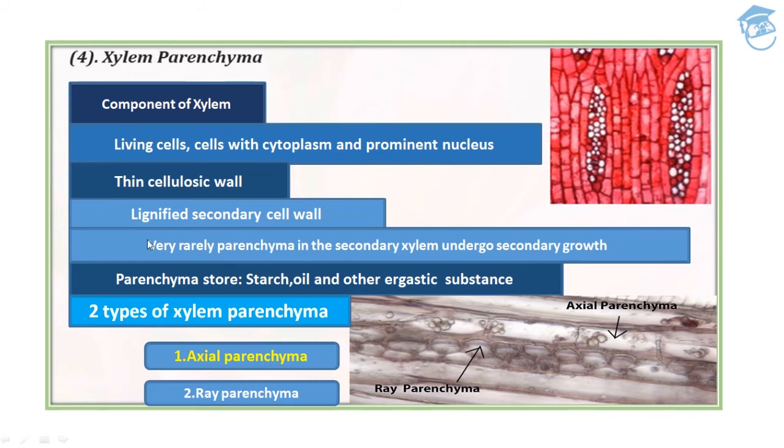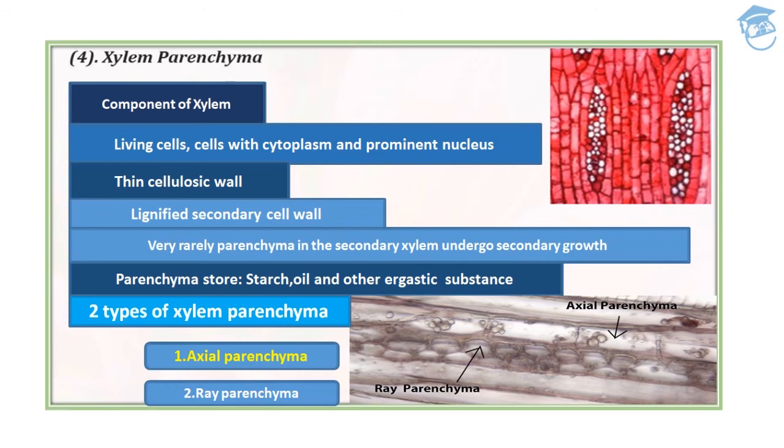A thin cellulosic wall is there. Okay, and it has lignin deposition in the secondary cell wall, and very rarely parenchyma in secondary xylem undergoes secondary growth. Parenchyma stores starch, oil and other ergastic substances.